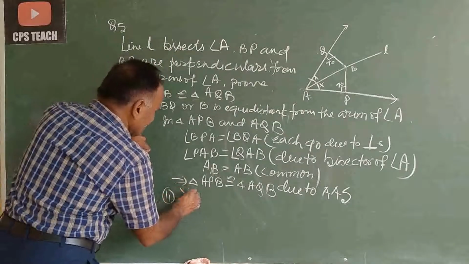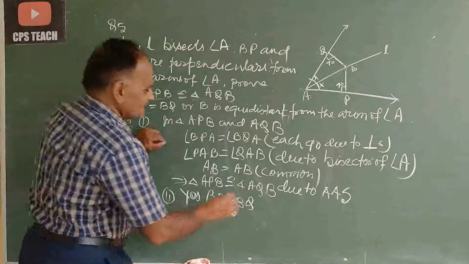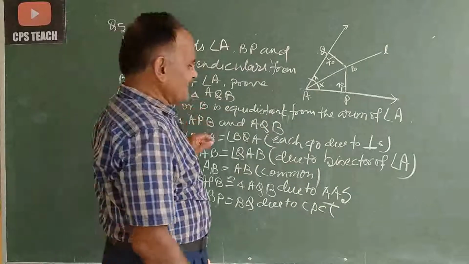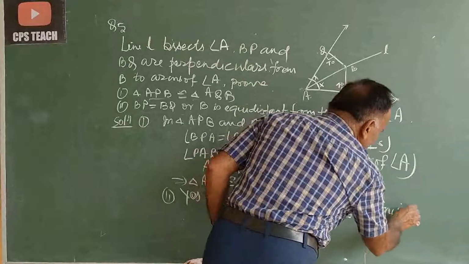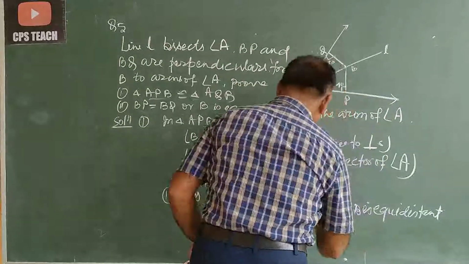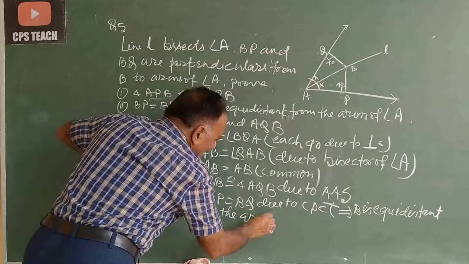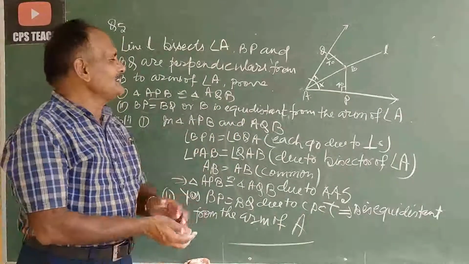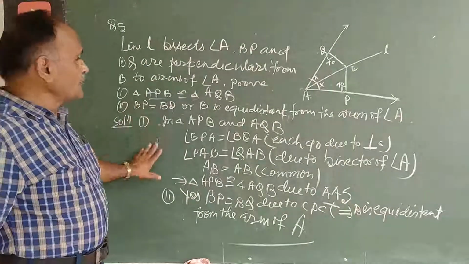Yes, BP बराबर BQ due to CPCT, and this implies B is equidistant from the arms of A. This is the solution of question number 5, and just you see on the blackboard, it is the proof of this question.